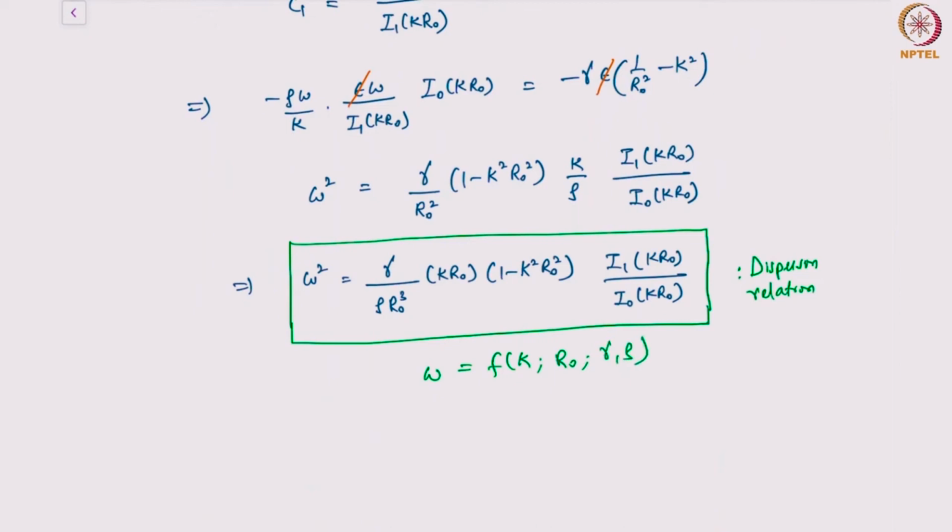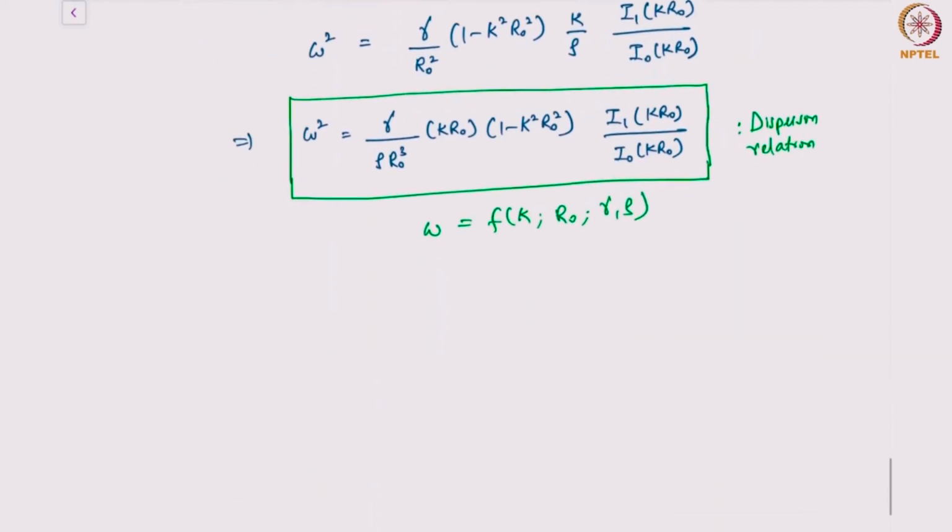So if I basically specify a filament of radius R naught, if I tell what the filament is made up of, what is the liquid, meaning its surface tension and density, then I can calculate the growth rate omega as a function of K. Alright. So we can also calculate the wave speed, or maybe we'll just come to this after analyzing this dispersion relation.